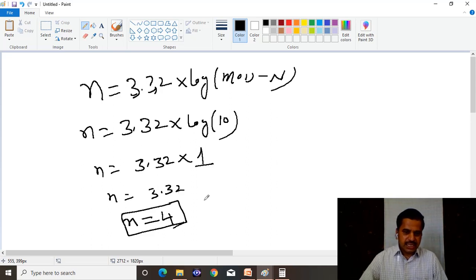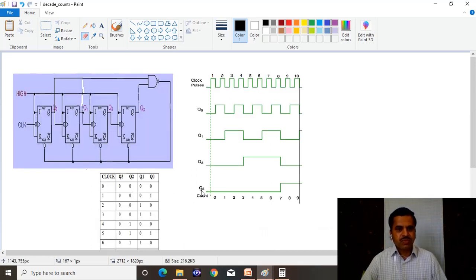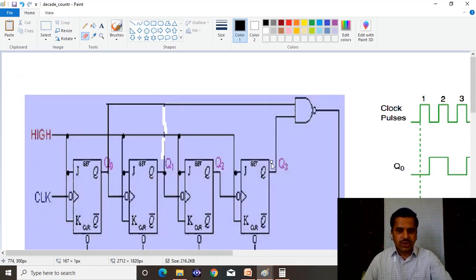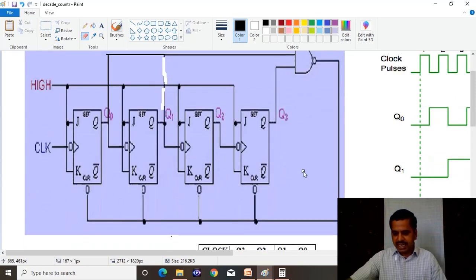Now let's see the construction of the circuit. This is the same circuit you studied in the 4-bit asynchronous counter. Here you have to modify it to work only up to 9 pulses and return to 0.